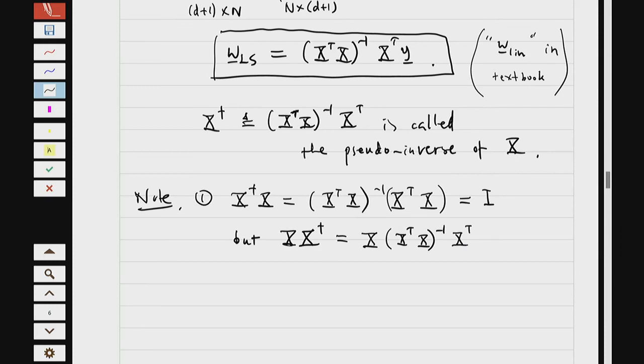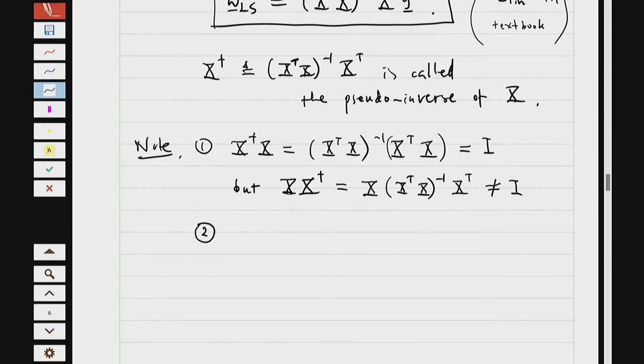Can we simplify this further? Turns out no. In general, this is not equal to identity. That's why it's a pseudo-inverse, not the inverse. In fact, X is not even a square matrix, so it's not invertible. We can, at best, have a pseudo-inverse.